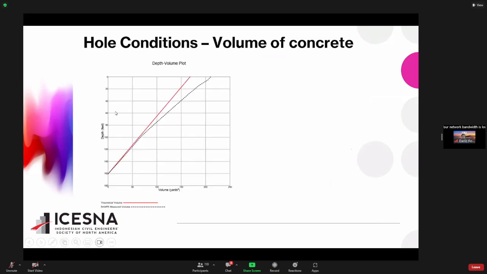And typically you can also check with the volume of concrete that you use. The red line is the theoretical volume, the volume of concrete that you need if you calculate it based on a nice looking hole, straight up and down. This is the amount of concrete that you need, like 170 cubic yards, right? And the black line is the volume that you estimated from the diameter that you measure in the shaft device, right?